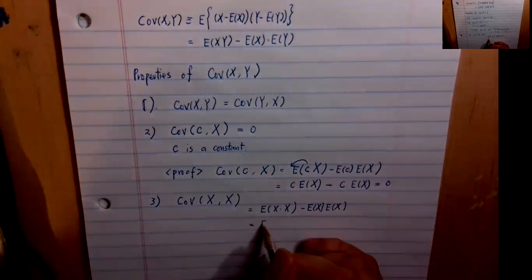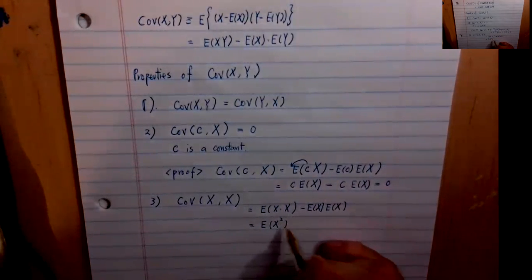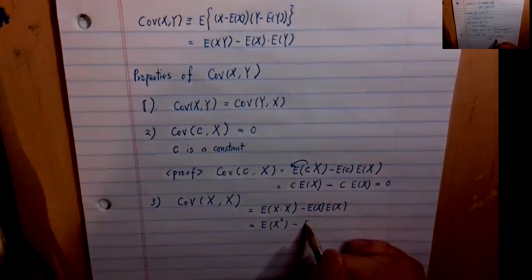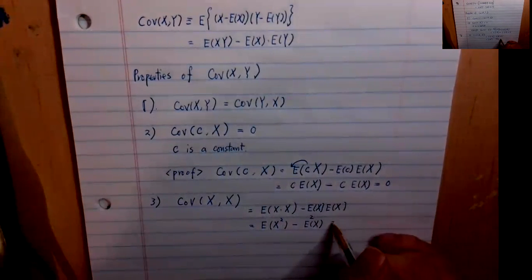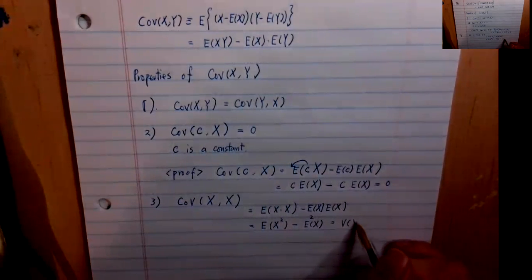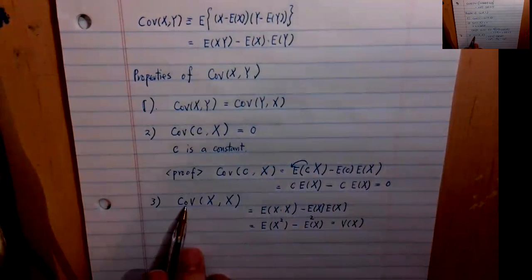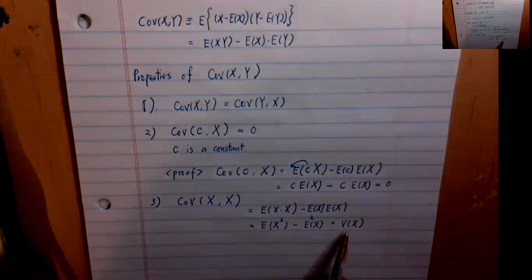And this is EX squared minus EX, the whole thing squared. So this is equal to the variance of X. So covariance XX is just the variance of X.